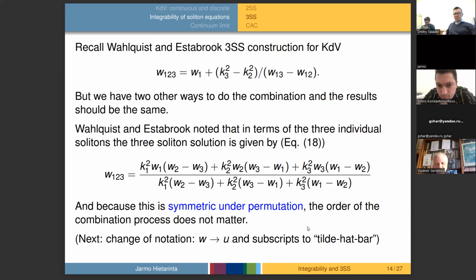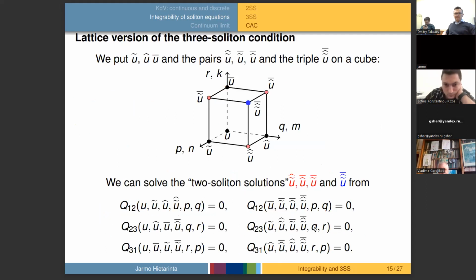Yes, of course, and it will be in the next slide probably. Yes, here. So now we go to the lattice version. In the lattice, we have several equations. This Q12 is the original, for example, KdV superposition principle.